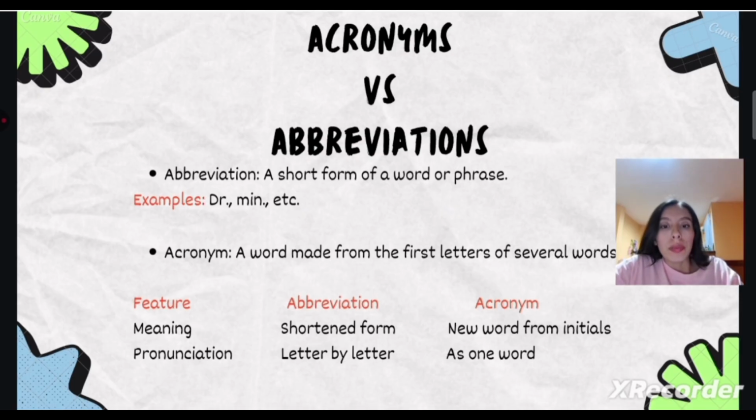An acronym, on the other hand, is formed from the first letters of several words and pronounced as a single word. For example, NASA or UNESCO. So, the main difference is that abbreviations are shortened forms, but acronyms become a new word.